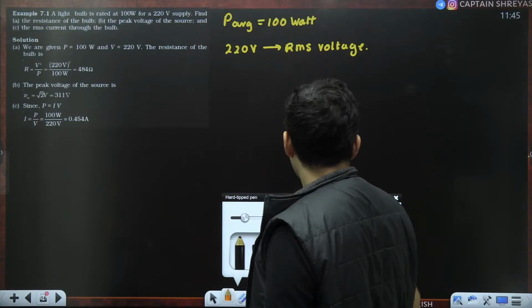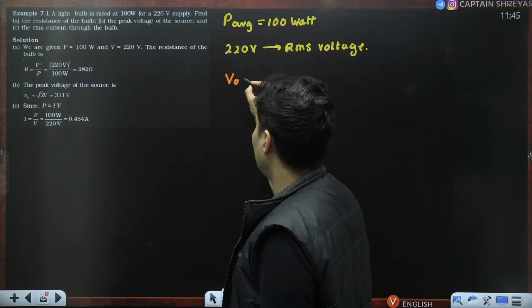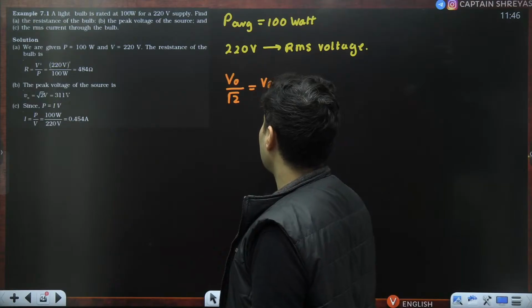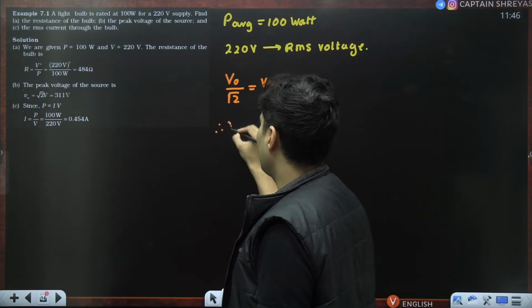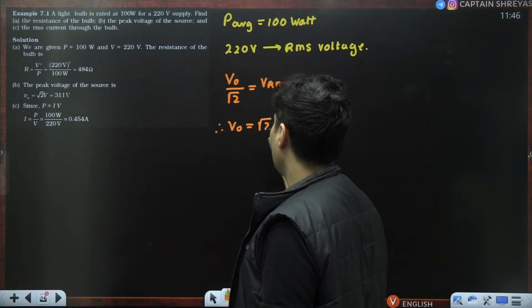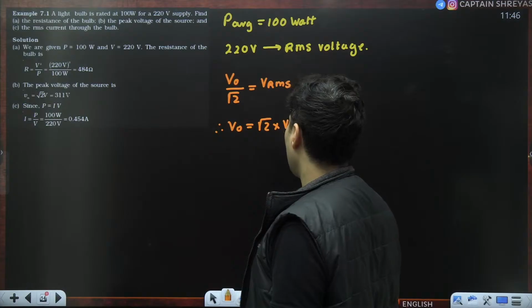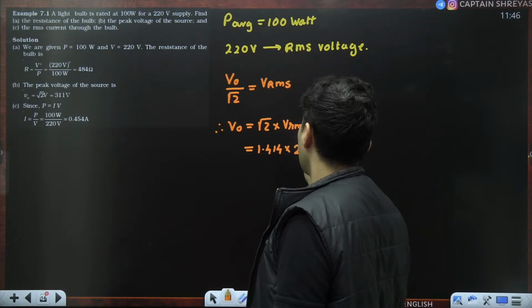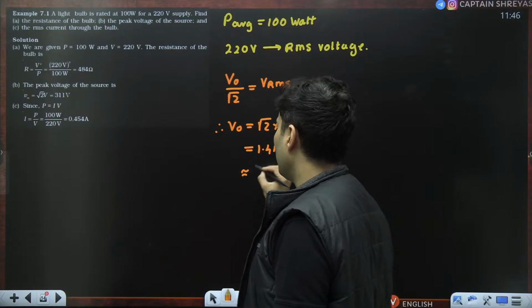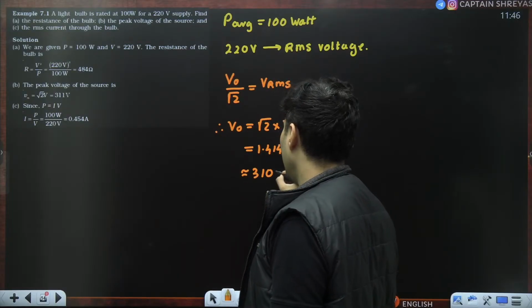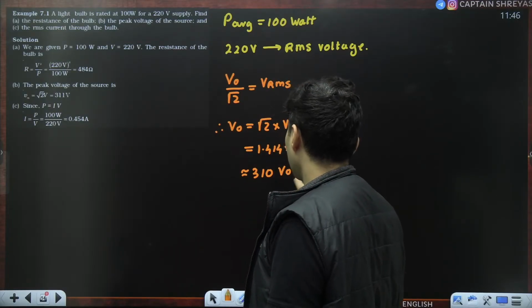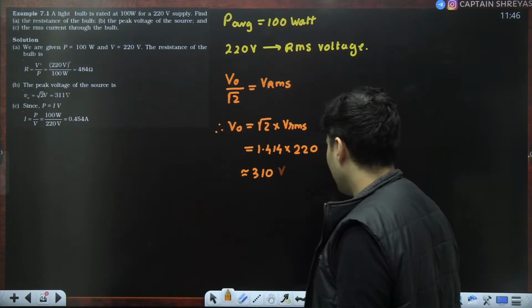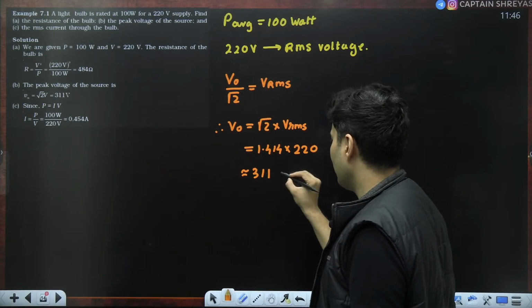First of all, if I want to find the maximum voltage, the maximum divided by root 2 is RMS. Therefore, the maximum will be root 2 into VRMS, which is 1.414 into 220, which roughly comes out to 310 or 311 volts. If you take the exact value, it comes very close to 311 volts.